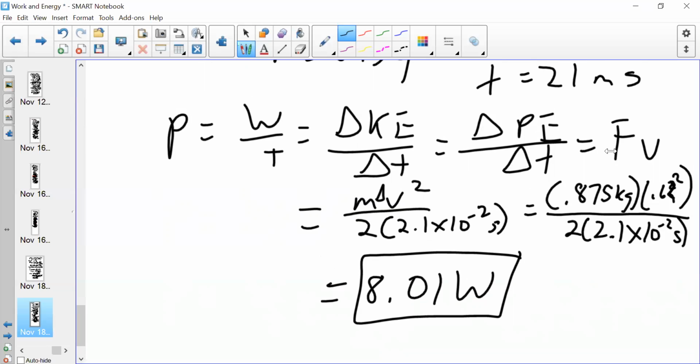And it's also equal to force times velocity, because work is also force times displacement. So you can have even another equation in there that equals this, equals that, equals this. And this here is just the original equation.